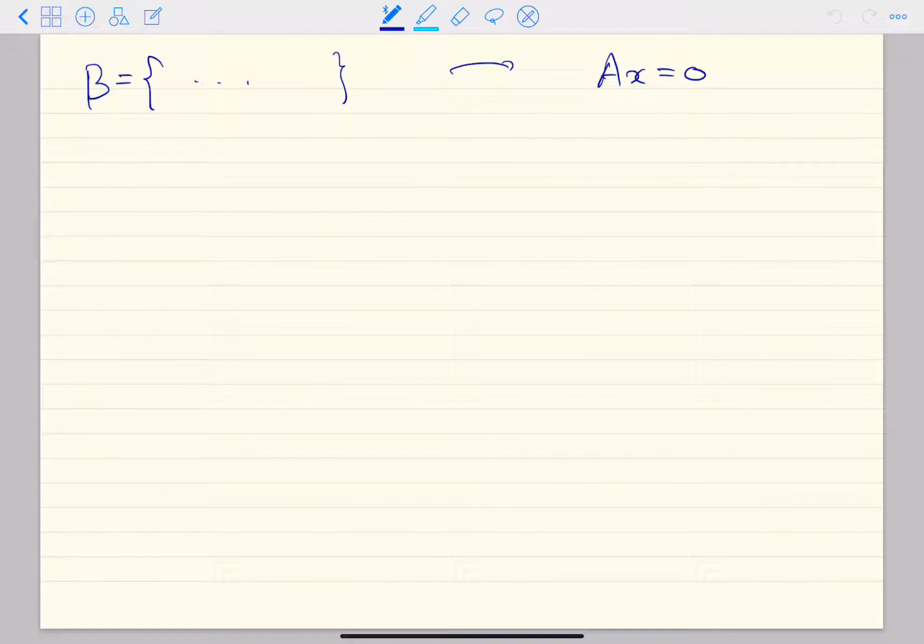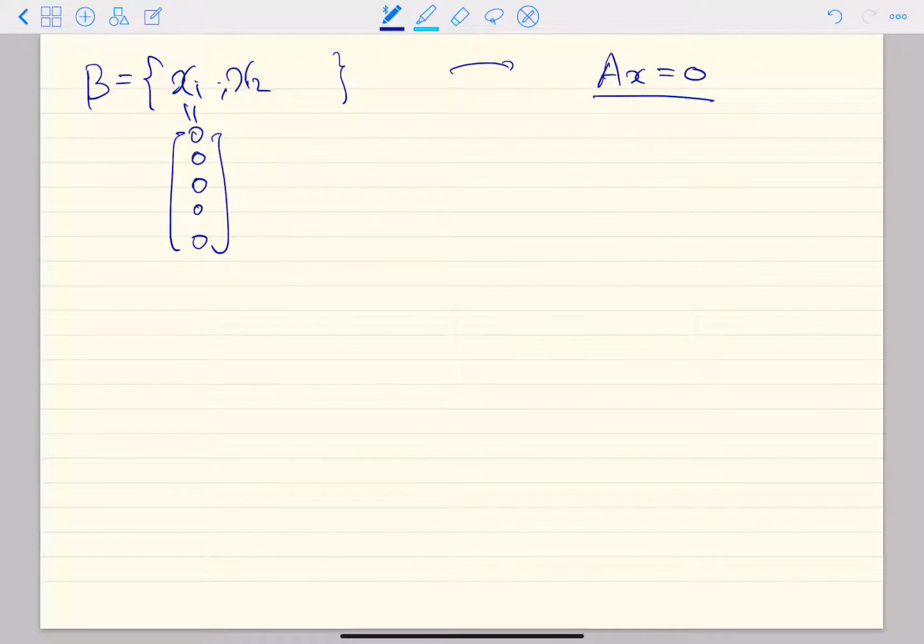And then also x1 and x2. This is a 5-dimensional vector that satisfies this guy. Obviously we know that the trivial solution will satisfy this homogeneous linear system.